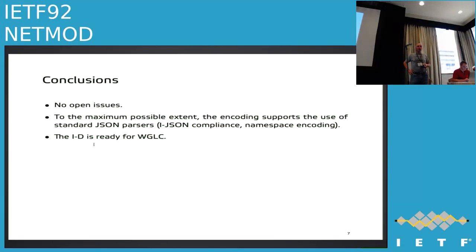By the way, I-JSON became an RFC just yesterday. It's RFC 7493, if I remember correctly. And the second thing is about that namespace encoding. I believe that this particular way of encoding namespaces is also quite friendly for existing JSON parsers. And therefore, I believe the draft should now be ready for working group last call.